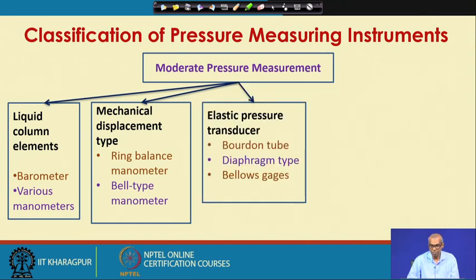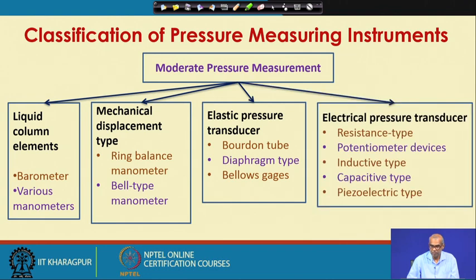Then elastic pressure transducers, where the force developed in the pressure measuring instrument is balanced by the stress developed in the elastic medium, such as Bourdon tube, diaphragm type, and bellows gauges. And electrical pressure transducers: resistance type, potentiometer devices, inductive type, capacitive type, and piezoelectric types. So, these are various instruments under moderate pressure measuring instruments.